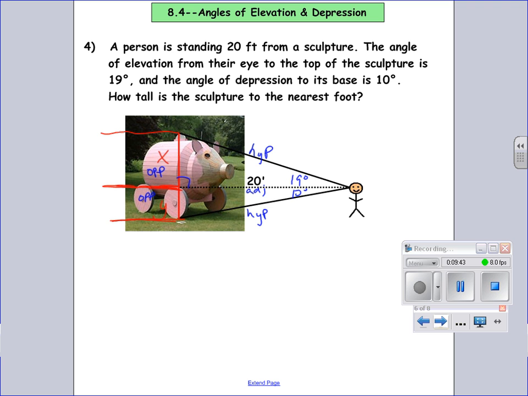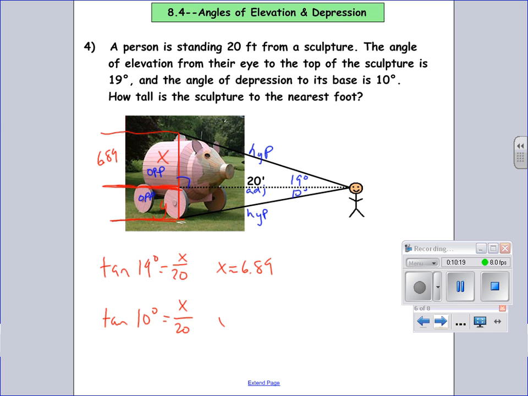So again, I'm looking for the opposite in both of these. So it goes from here. We got the tangent of 19 degrees equals the opposite, which is unknown, over the adjacent, which is 20. And I get x is approximately 6.89, and so 6.89 there, and the tangent of 10 degrees, the depression, is y over 20 again.